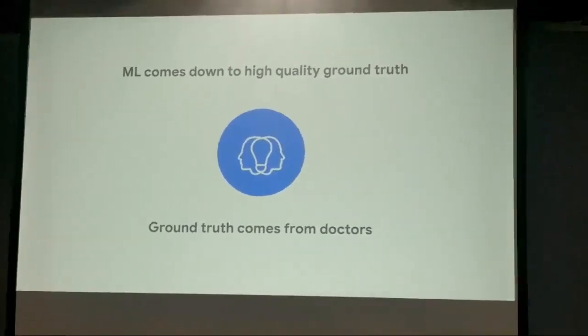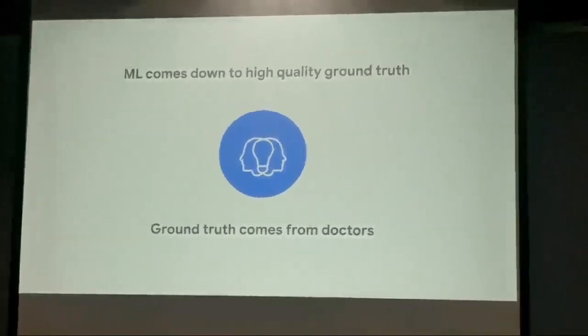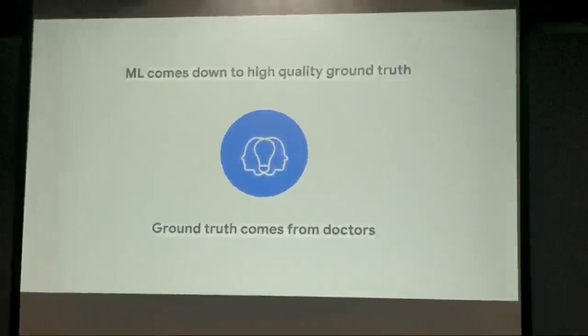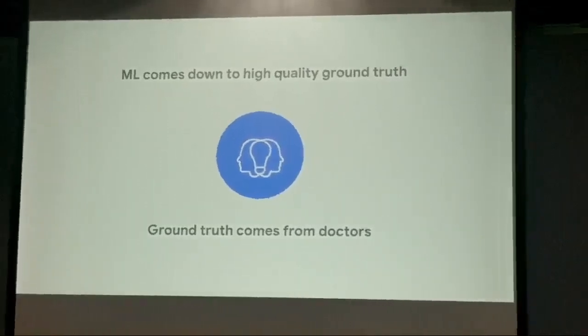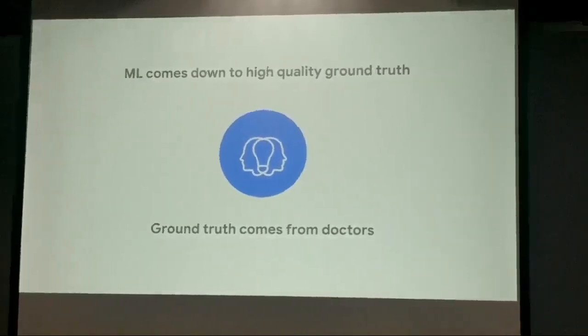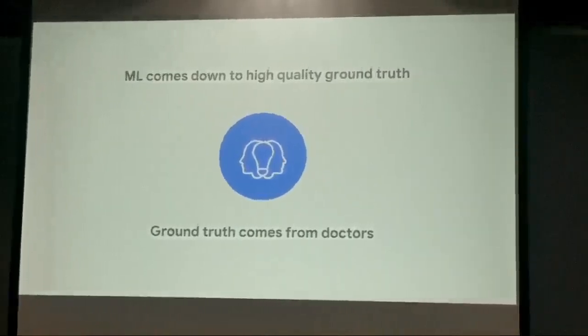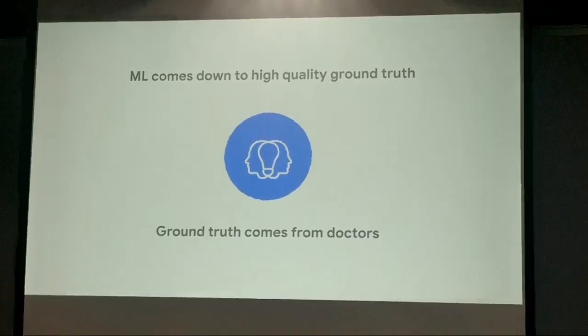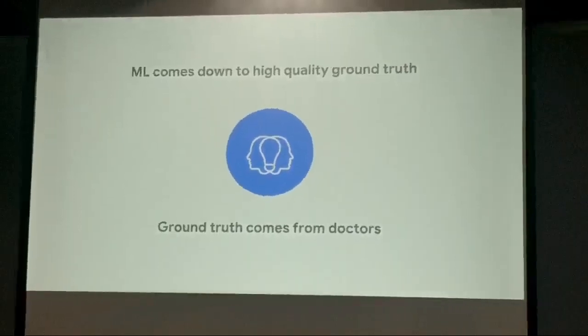Us ophthalmologists need to do a lot of work in order to help the machine learning learn what it needs to learn. This goes back to the well-known garbage in, garbage out. If we don't provide high-quality labels, the model won't learn and won't be useful.